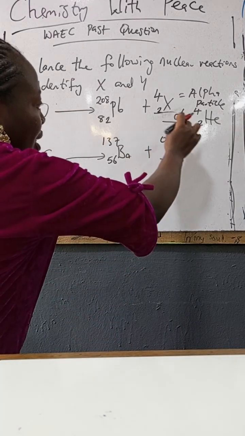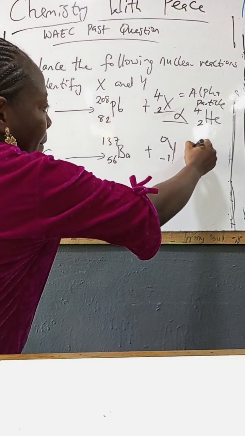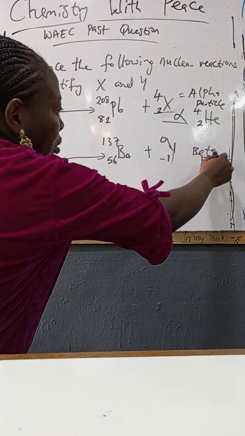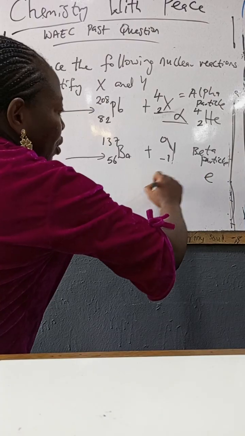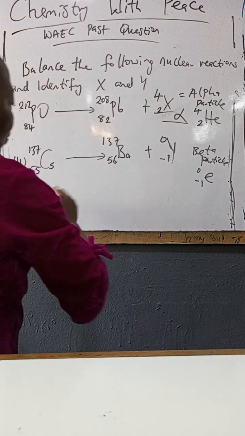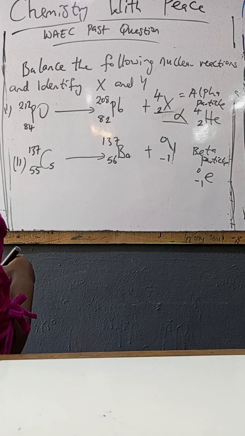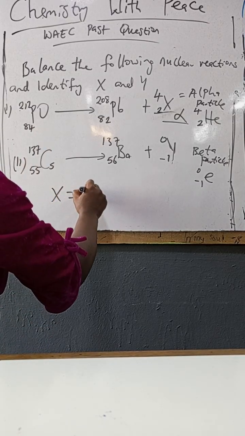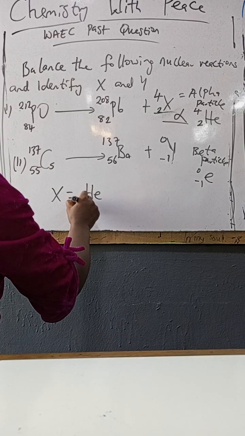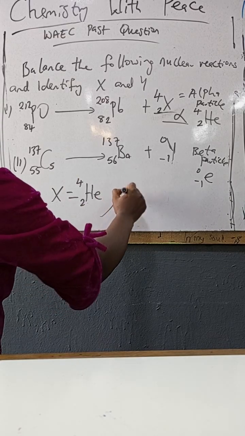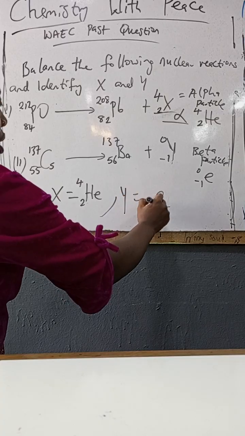So with this, Y is a beta particle. And beta particle is always represented with electron, minus 1, 0. So we are asked to identify X and Y. So our X is what? Helium 2, 4. And our Y is what? Beta particle.